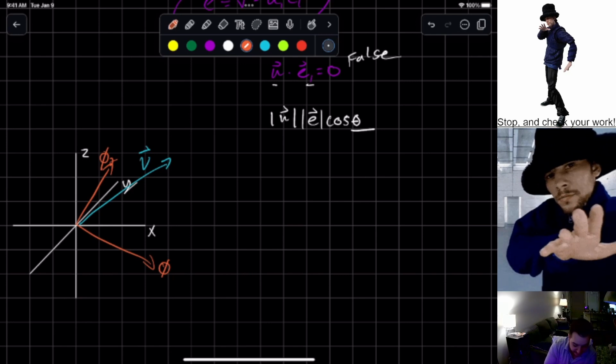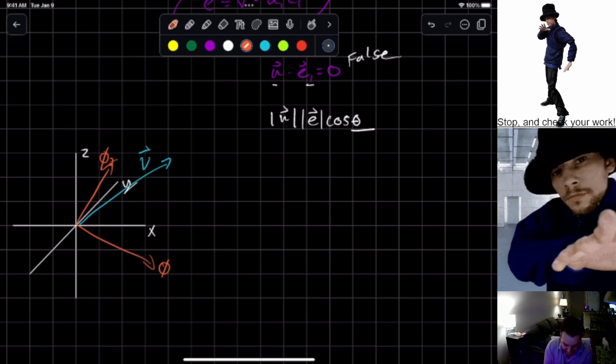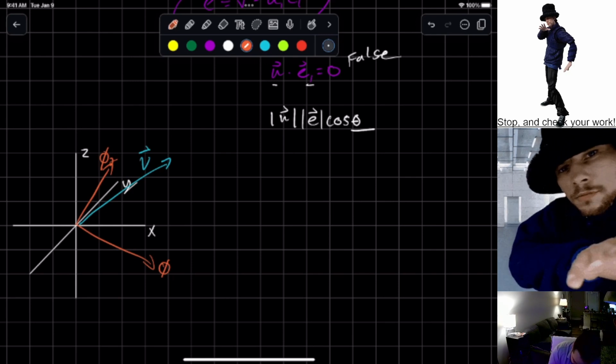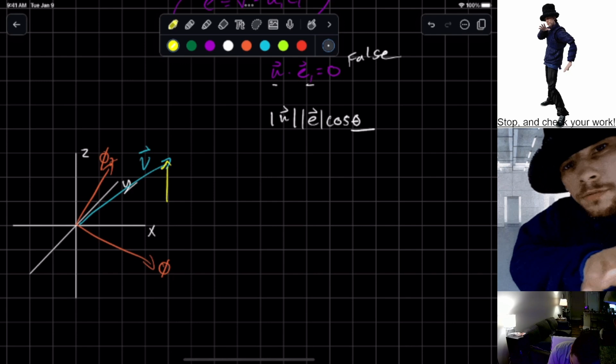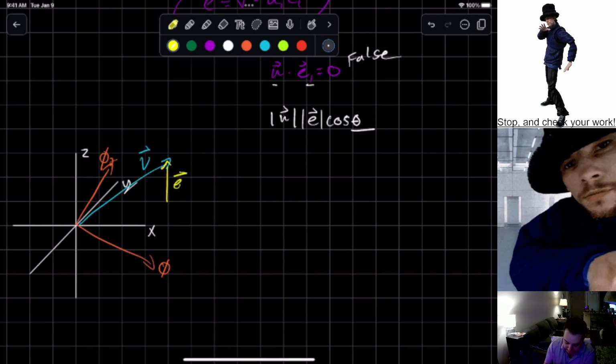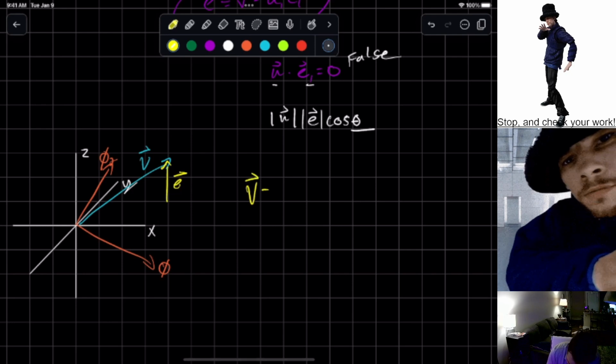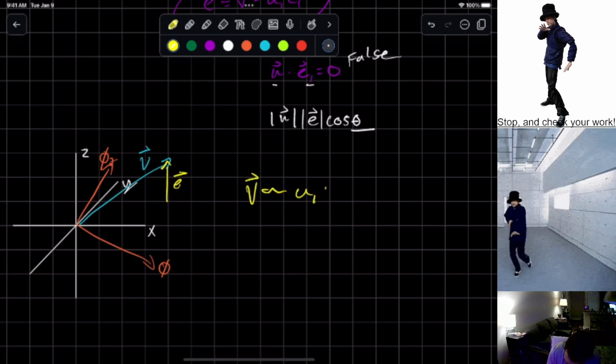Now we have these two vectors, and we want to create an error bar, like we did for the first problem. So we'll make that yellow. Say that's E. Know that the v vector is equivalent to c1 theta 1 plus c2 theta 2.